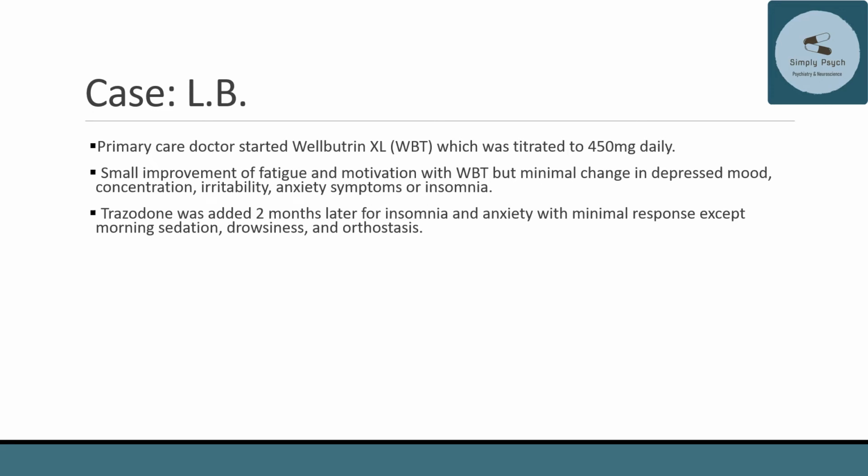Trazodone was then added 2 months later for insomnia and anxiety, with minimal response except morning sedation, drowsiness, and orthostasis. Orthostasis, or orthostatic hypotension, is when you give somebody a medication, and when they are lying down and then sit up or stand up, the mechanism for their blood pressure is sort of off, if you will.